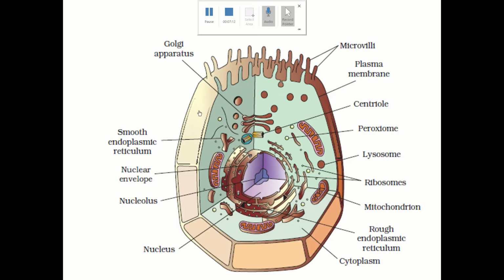Now the animal cell. The animal cell consists of Golgi apparatus, microvilli, plasma membrane, and centriole, which is absent in the plant cell.